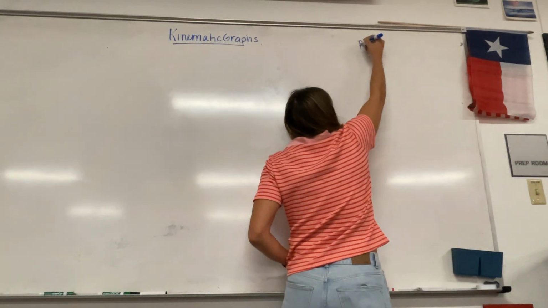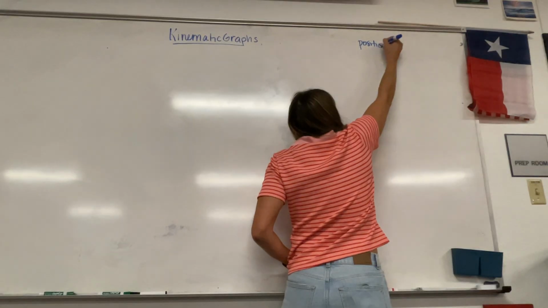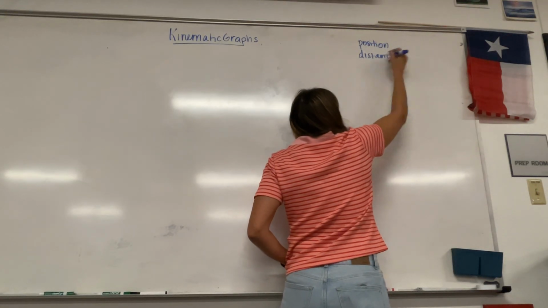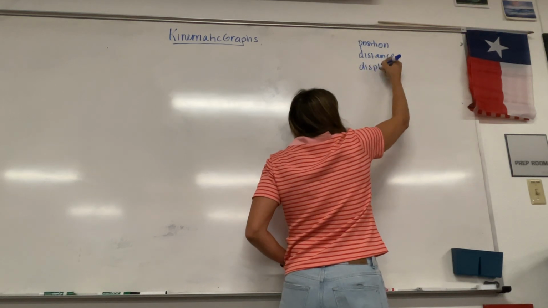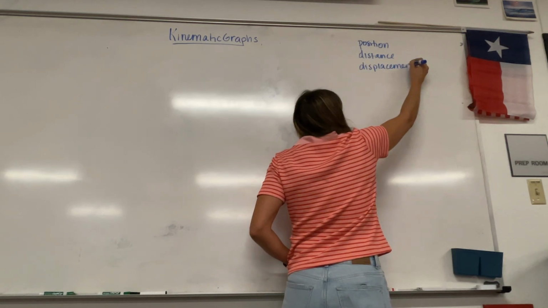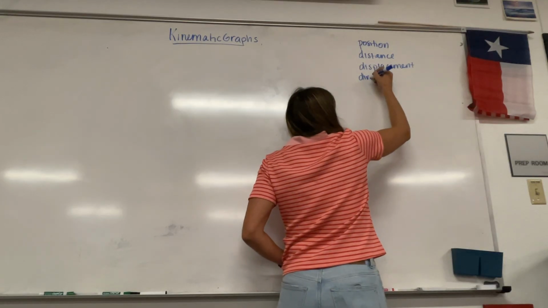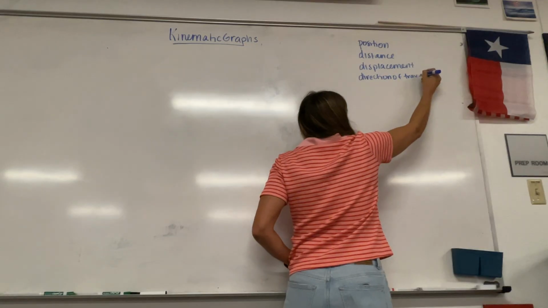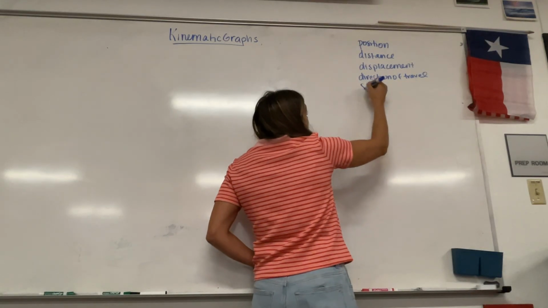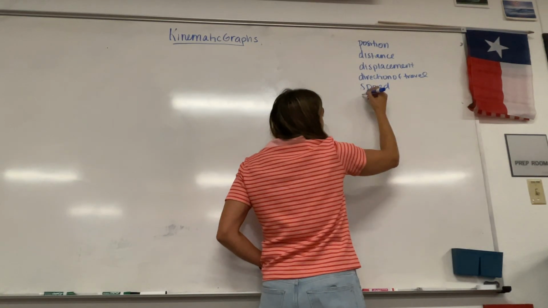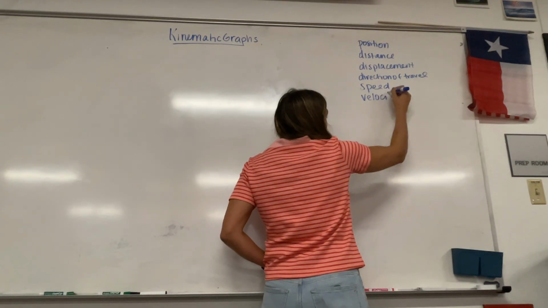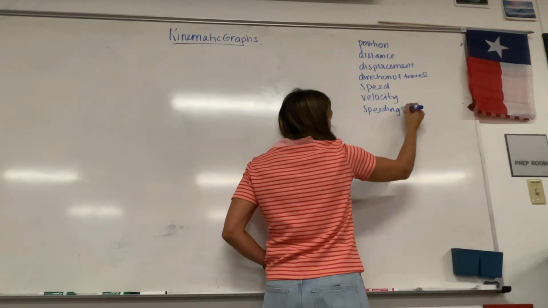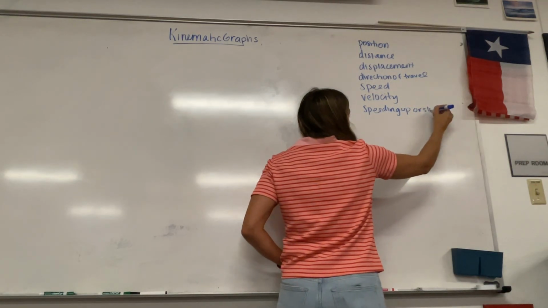So we could find position, we could find distance, we could find displacement, we could find direction of travel, we could find speed, velocity, we could determine if something is speeding up or slowing down.